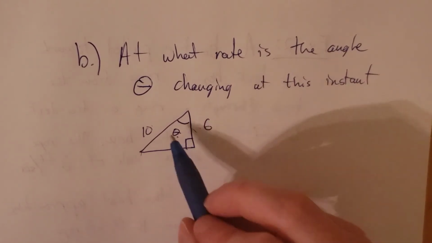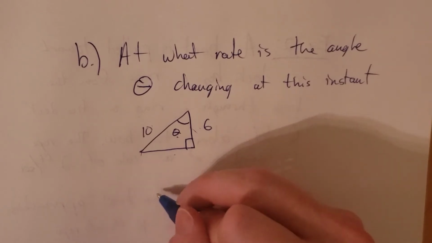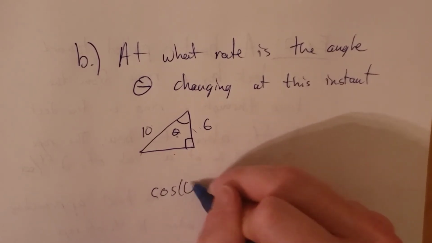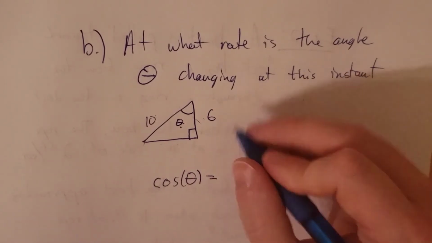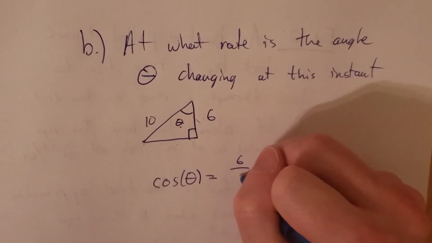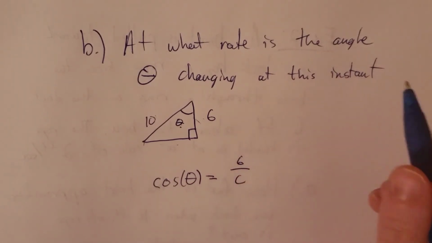So if we want to relate our information and this angle theta, we can note that cosine of theta is equal to 6 over c. 6 is a constant here.